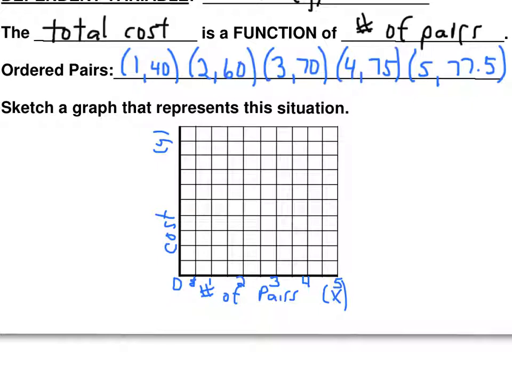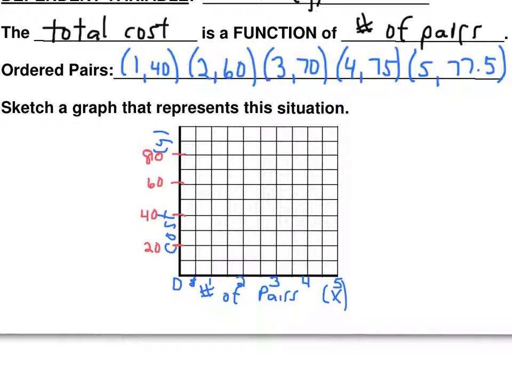And then on the side, we're going to list our prices. So we're going to put $20 here. That's 20. Hopefully you'll do a better job than I'm doing. And this would be 40. This would be 60. So we're skipping a line every time. That would be 80 right there.